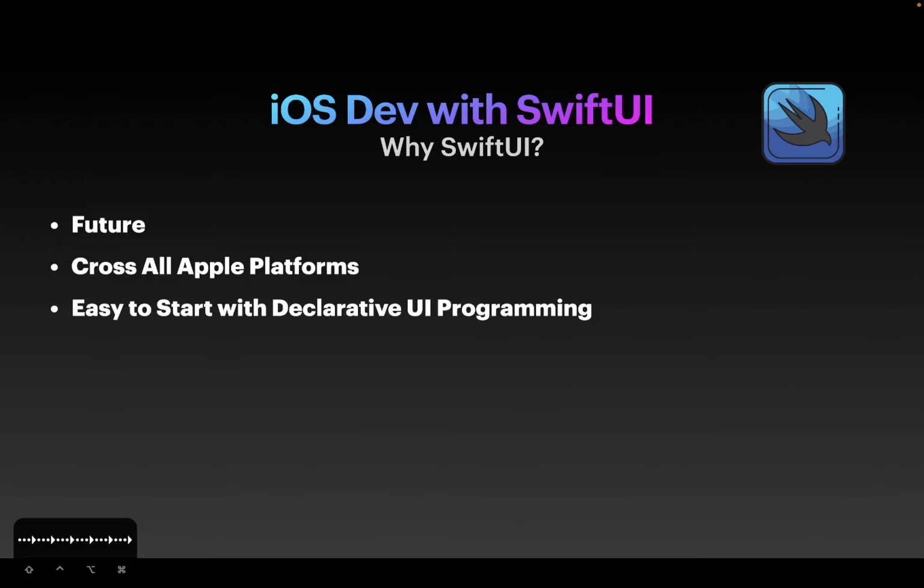Also, it's really easy to start with, thanks to something called declarative UI programming. Do you know the difference between declarative programming and imperative programming? Essentially, declarative programming means you just give a simple instruction to the compiler or the computer. For example, if I just want a cup of coffee, the machine tries to figure out what you want for you, and it's really easy to start.